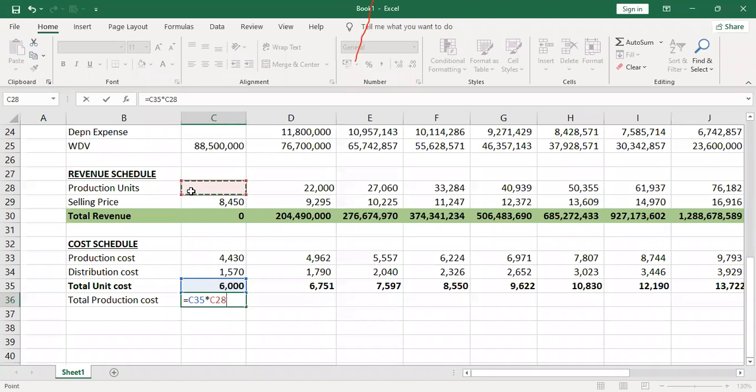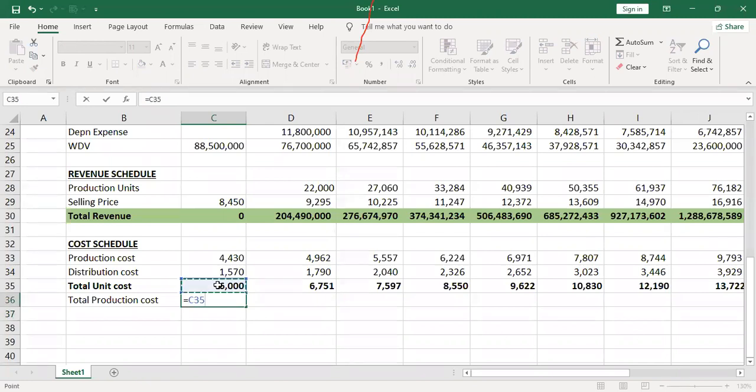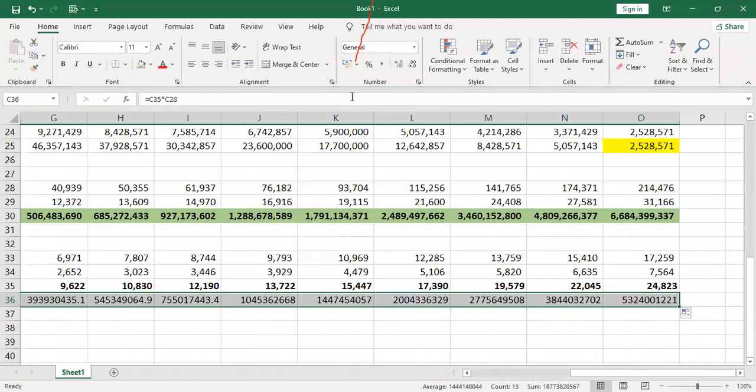Then you press Enter. Click on the value, press the cursor on the autofill icon, and then you drag up to your 12.